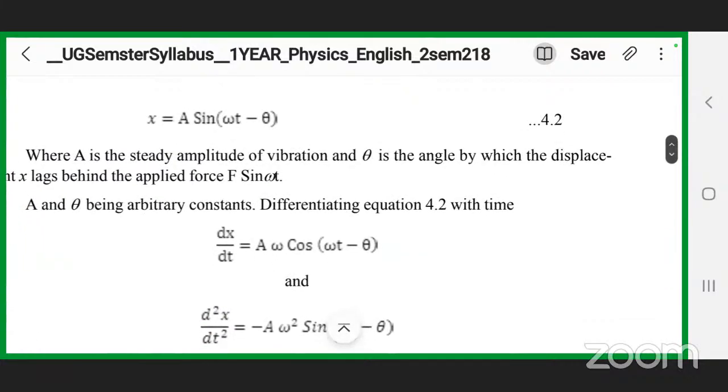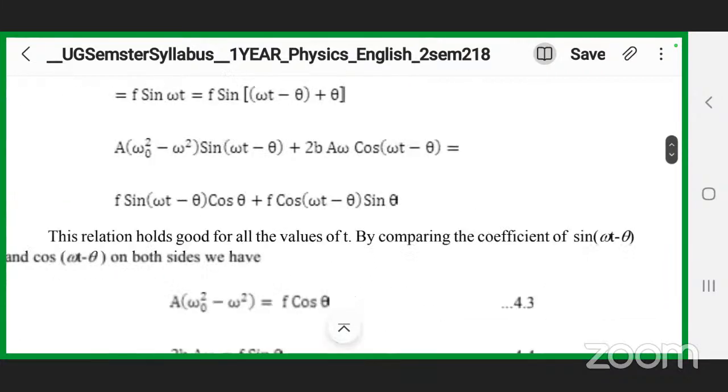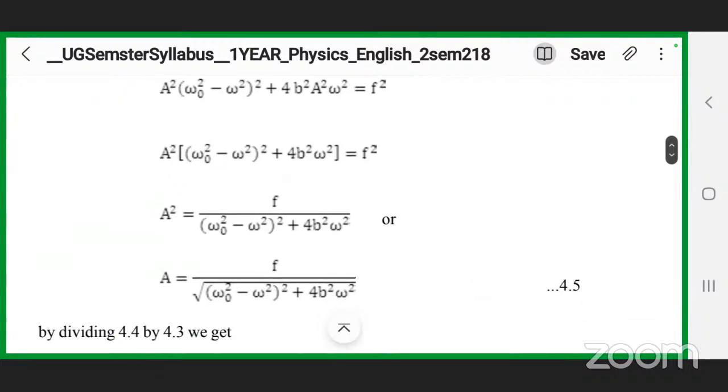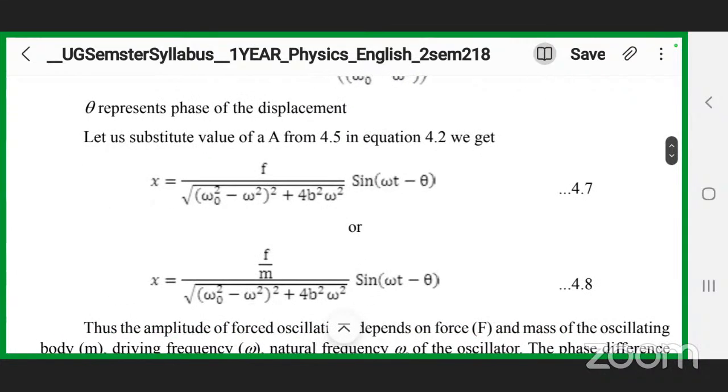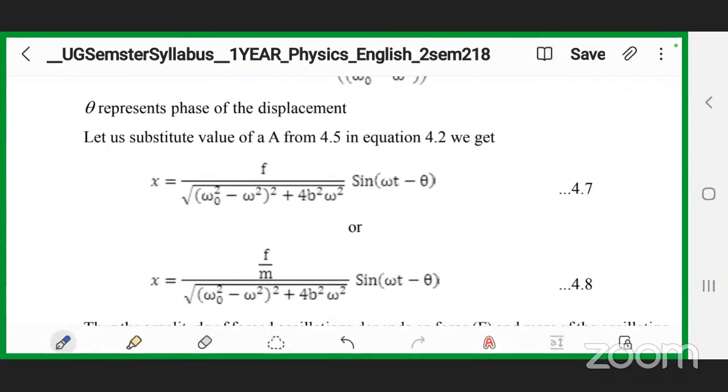Consider this equation, and substitute the value of capital A, F by this. So what will you get? x equals A sin omega t minus theta.